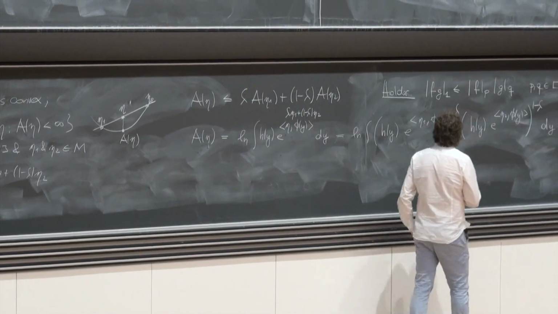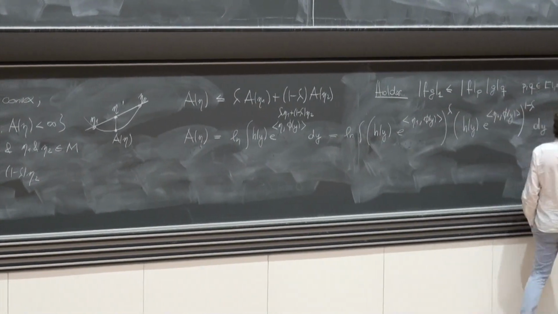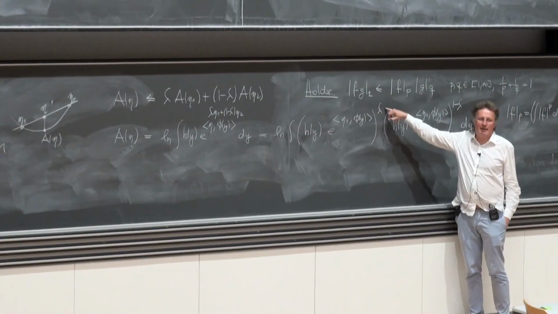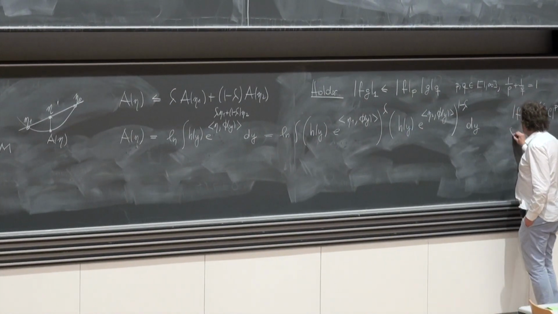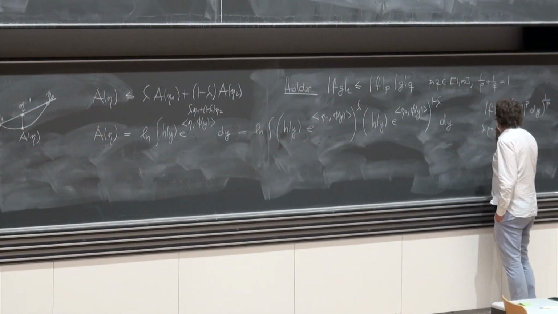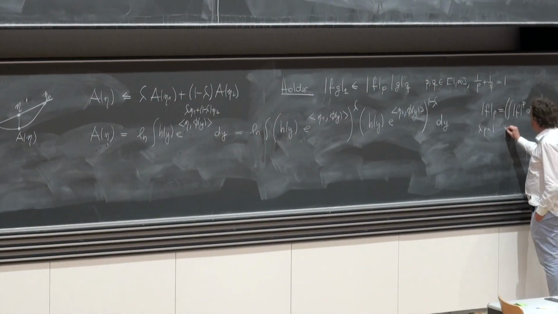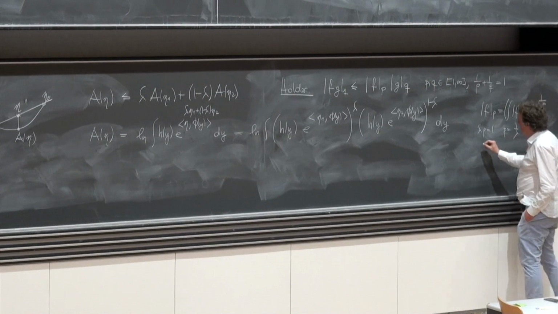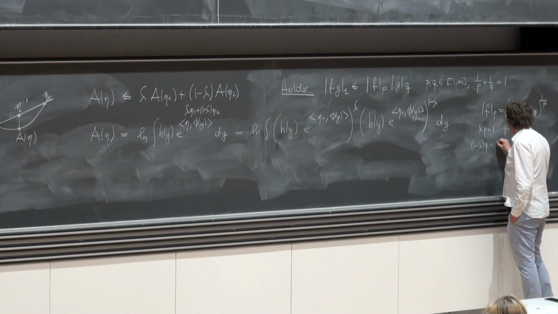So now what do we have? Well, if we pick p here, we'll get in here a p. So what we want is that lambda times p, hopefully we'll set it to 1, which means that p should be 1 over lambda. And we want that 1 minus lambda times q is equal to 1.